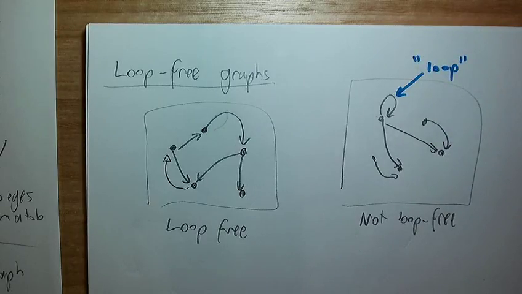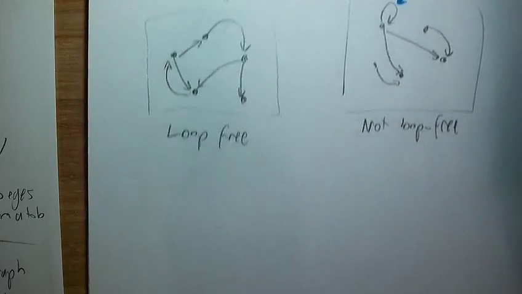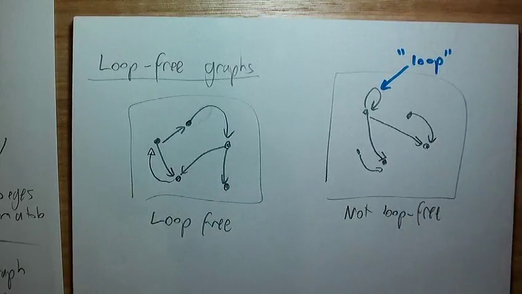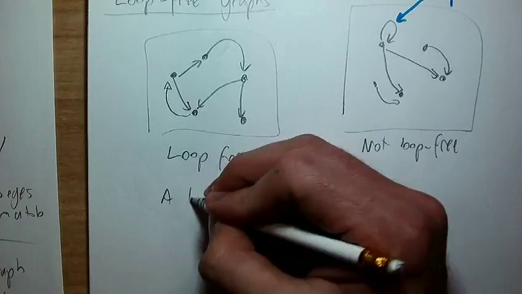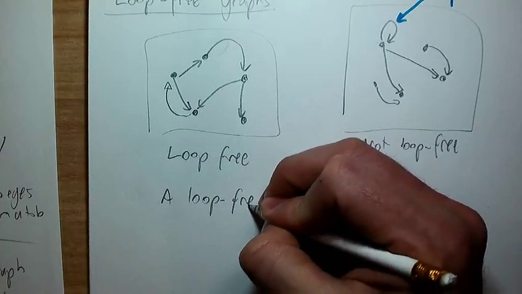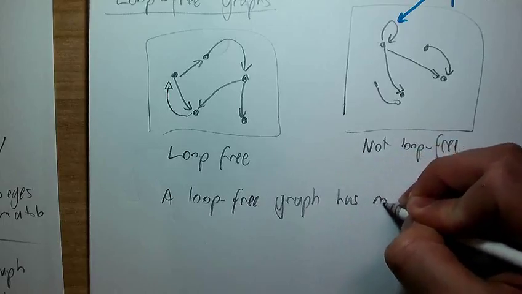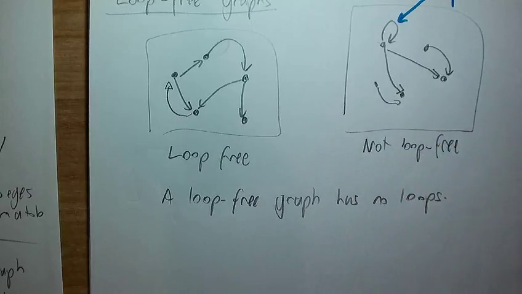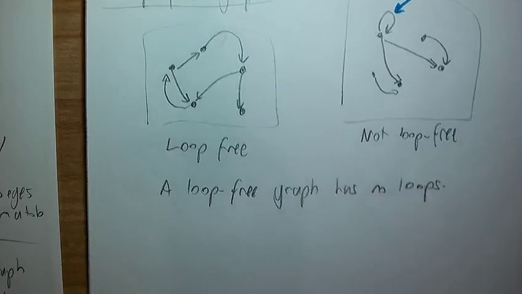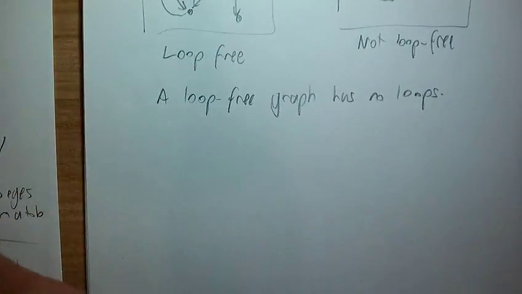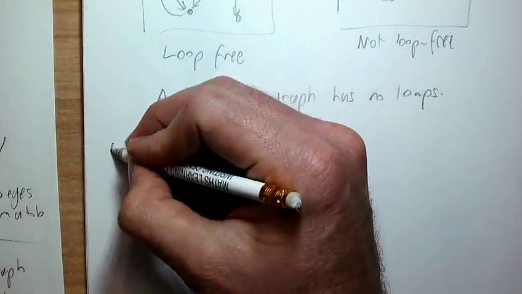Okay, and I will write down the definition of loop shortly. So a loop-free graph has no loops. Okay, and then we would have what they call undirected graphs.